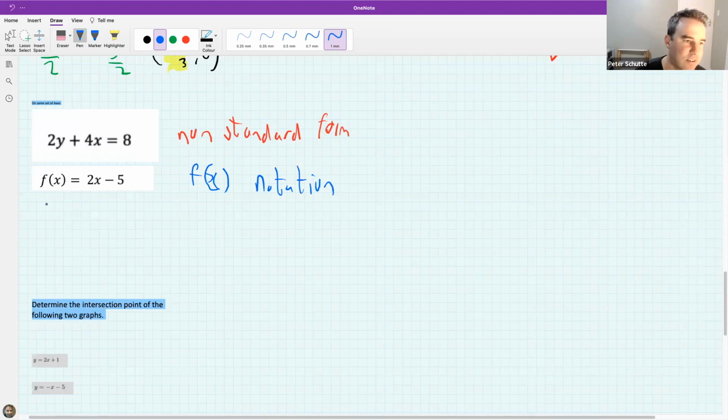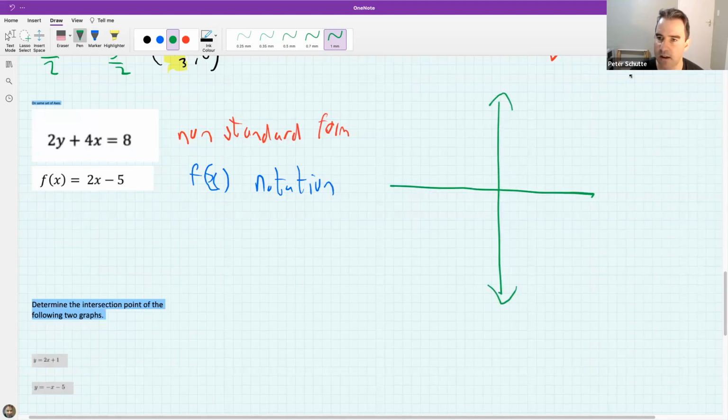It means the same as y equals 2x minus 5. To draw them, you're going to have to do the same thing. Find the x-intercept, find the y-intercept. So I want you to draw me these two graphs on the same Cartesian plane, and I want you to draw them by finding the x and y intercepts. So over to you guys. Let's go.